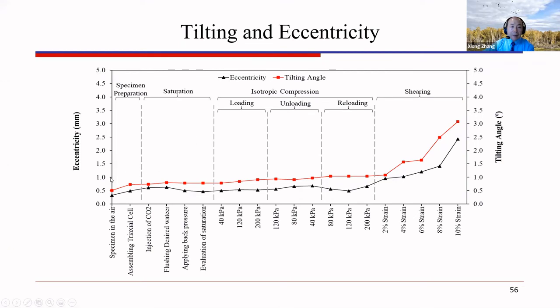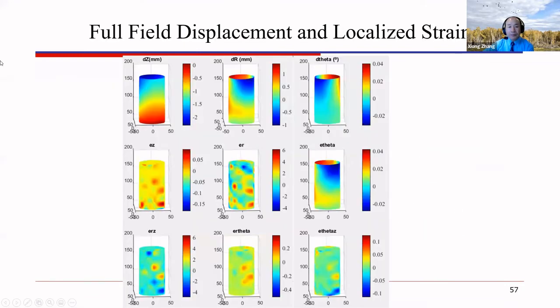So the red line represents the tilting angle, which keeps increasing during the process. If you have a slight tilting angle, with time when the soil deforms, it will increase. And then you also have the eccentricity change. This is something which has never been able to be measured in the past.